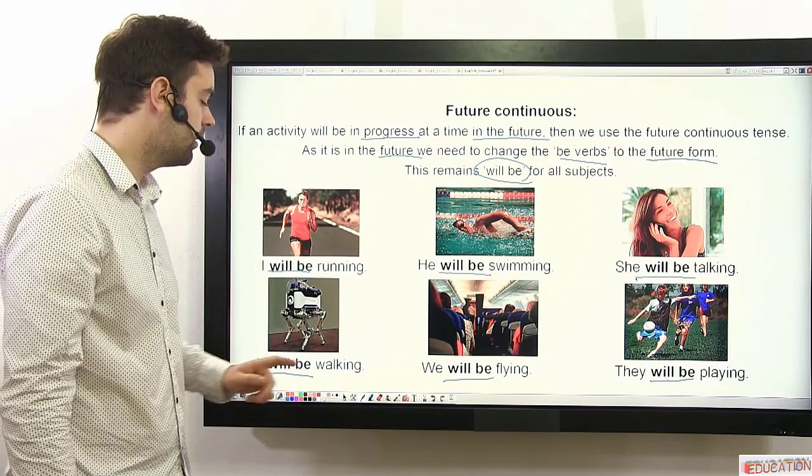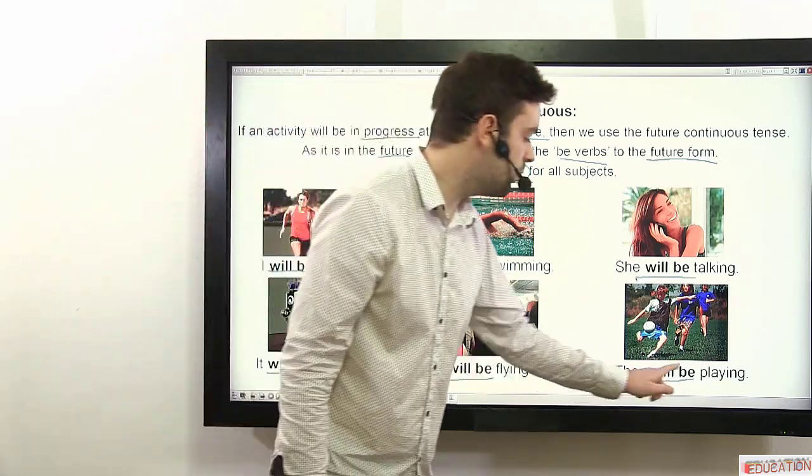It will be walking. We will be flying. They will be playing.